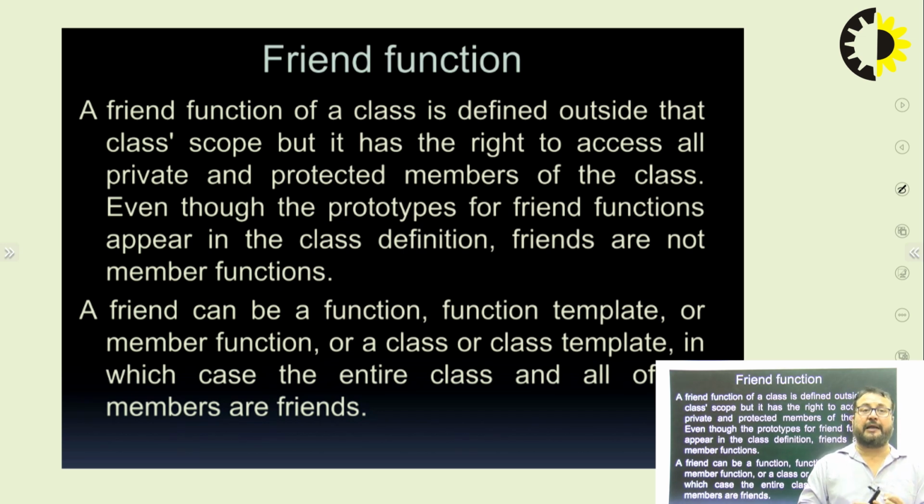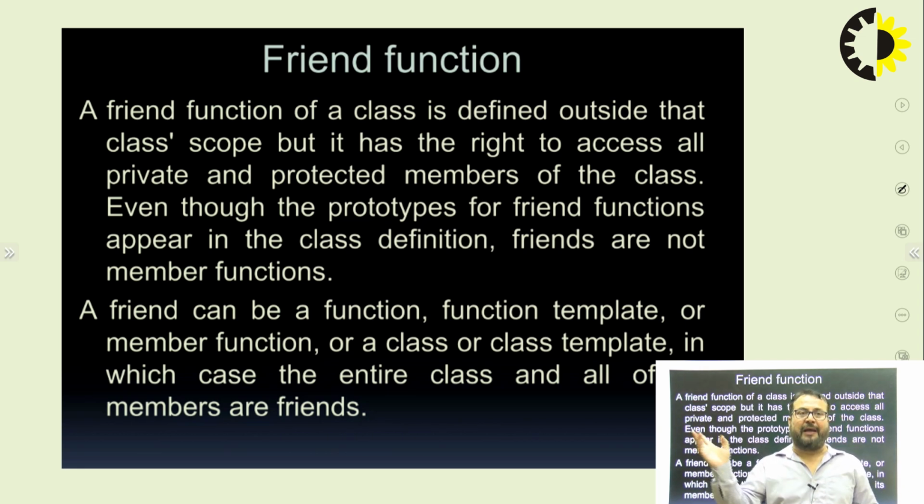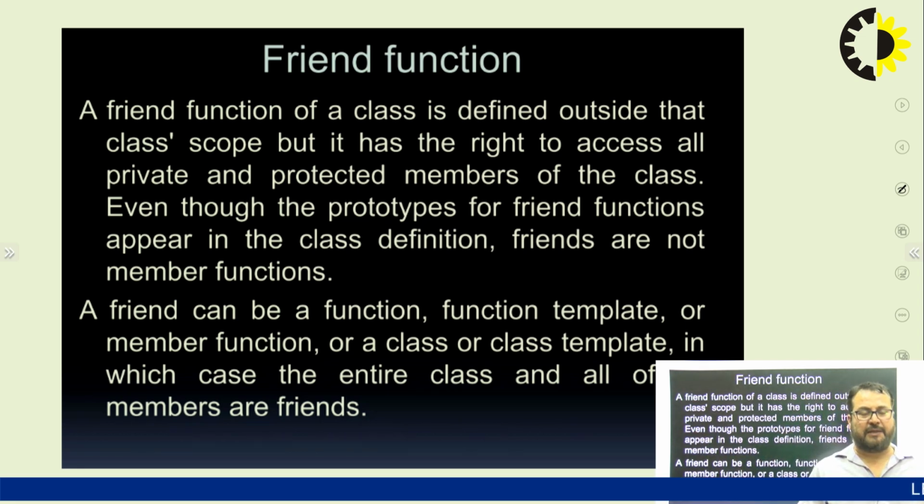We have already said that a member variable can be accessed only by the member function of the class, not by any other class. The point is that the members of a class cannot be accessed outside of that class. They can only be accessed by the member functions of that class, right?